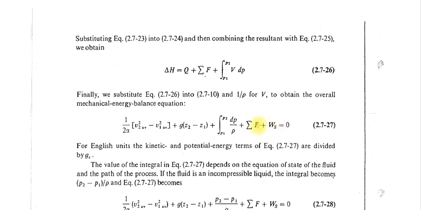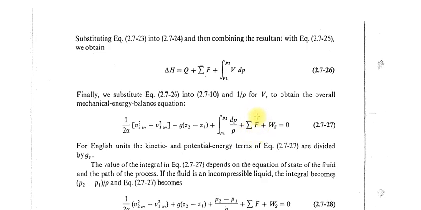Here this is the kinetic energy term, this is the potential energy term, this is the pressure term which comes from the internal energy terms. This is the pressure energy due to the pressure. Sigma F is the friction losses, the losses due to friction or losses due to the change in flow. So this is the overall loss.